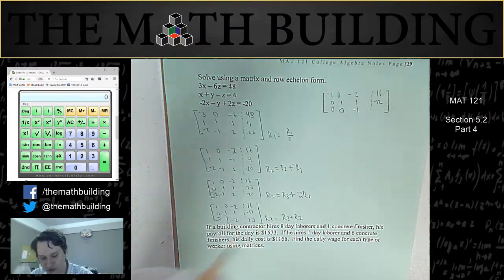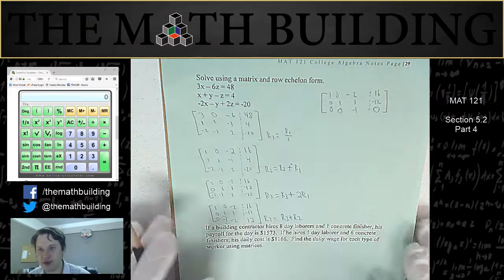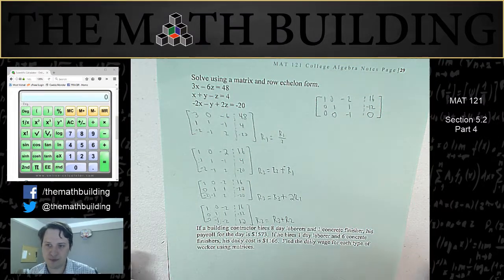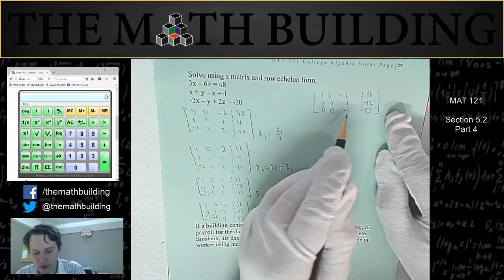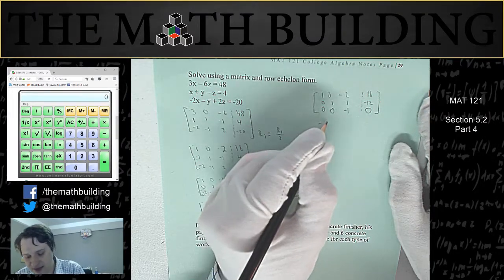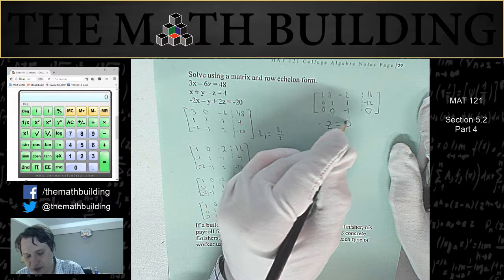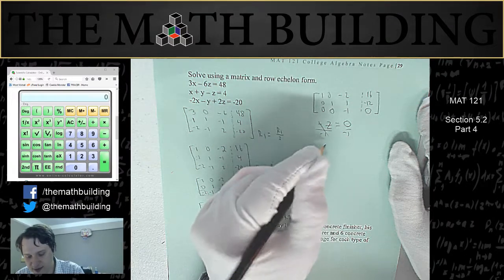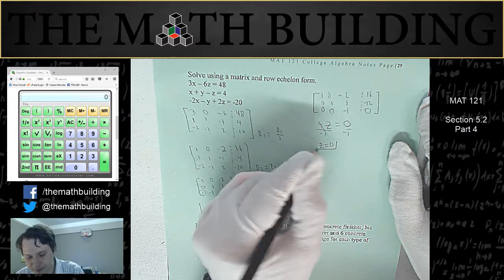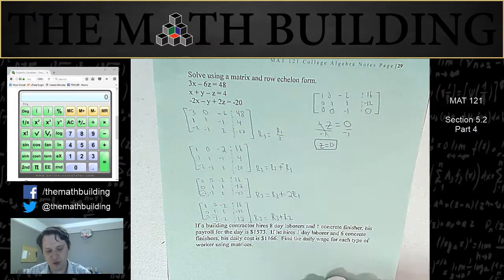And negative 12 plus 12 is 0. And so now we're pretty much almost done because we have 0, 0, negative 1, 0. So that means negative 1z equals 0, or we just divide both sides by negative 1, z equals 0. So that's cool.